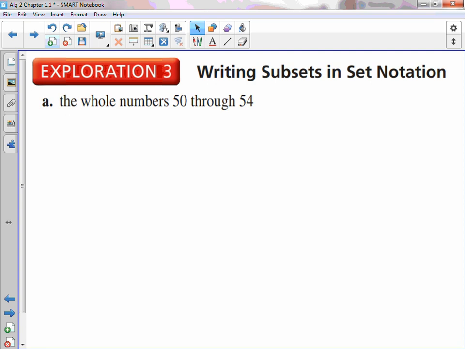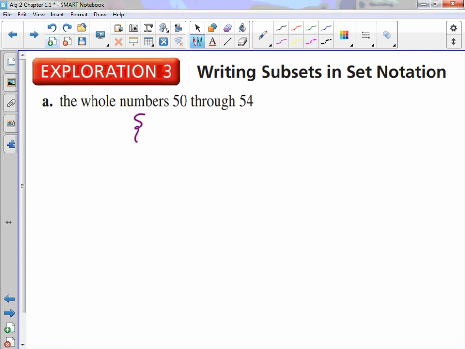Because they come into play when we start trying to define things like writing sets and subsets. So, like this here, the whole numbers 50 through 54. If we want to write this set or subset in set builder notation, well, what can we do?